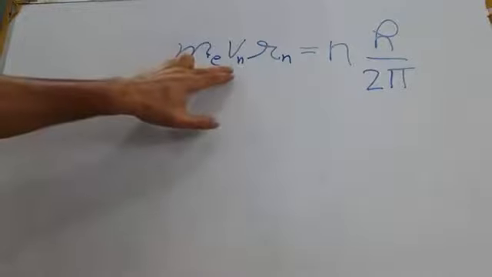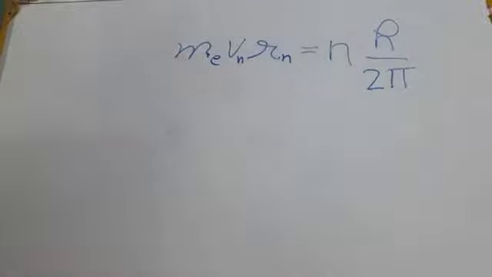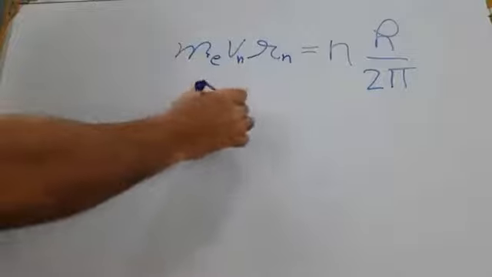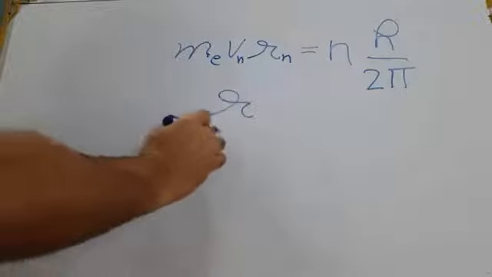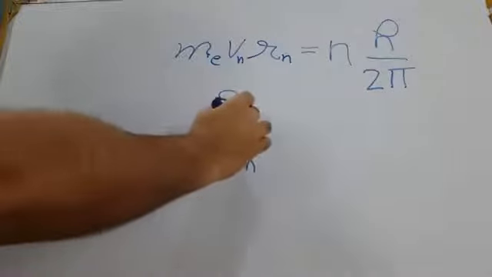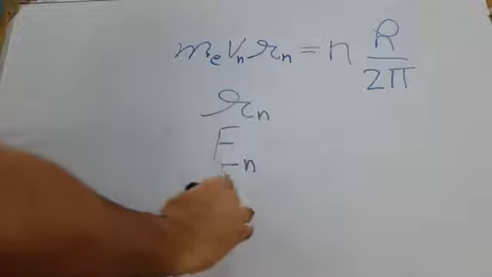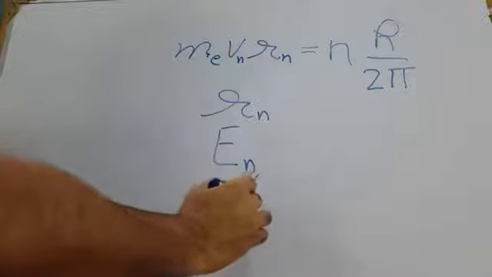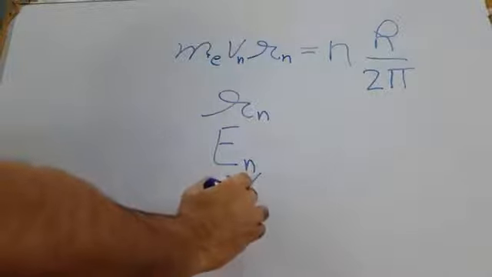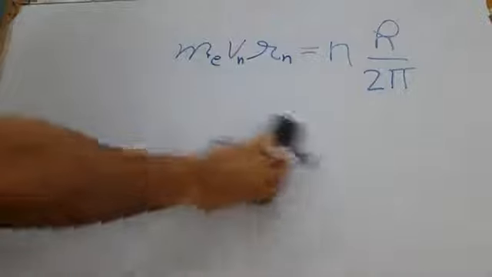From this, by knowing this relation, we can find out the energy of any orbit, R of any orbit, and also the velocity of the electron in any orbit. How? Let us go ahead.